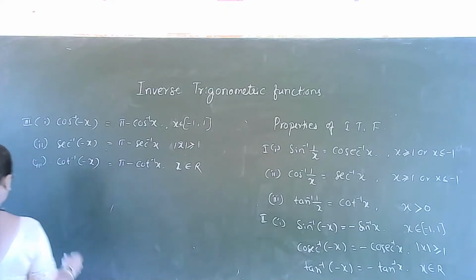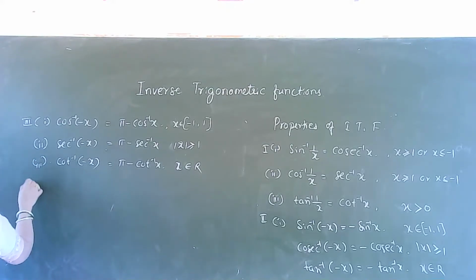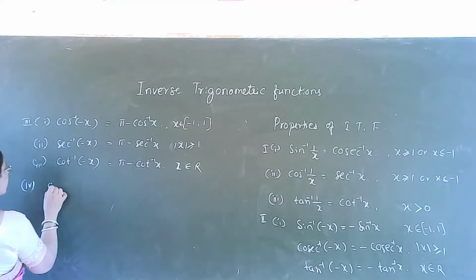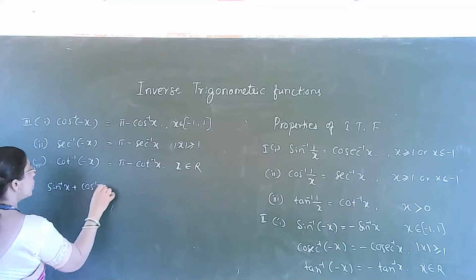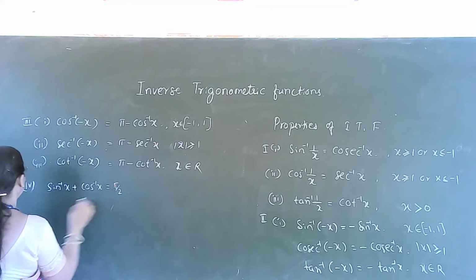Then other properties. Sin inverse x plus cos inverse x is equal to pi by 2.